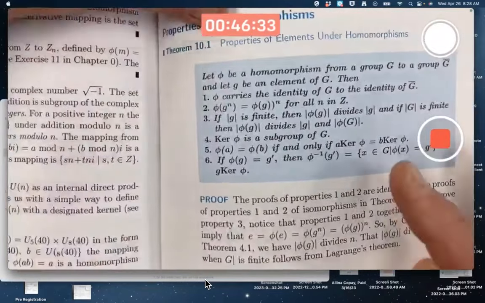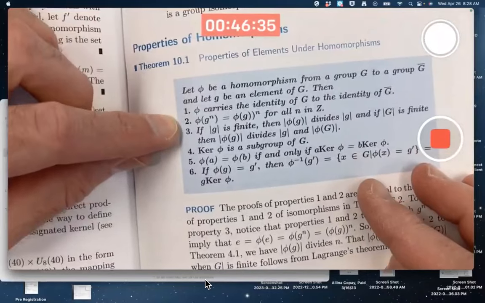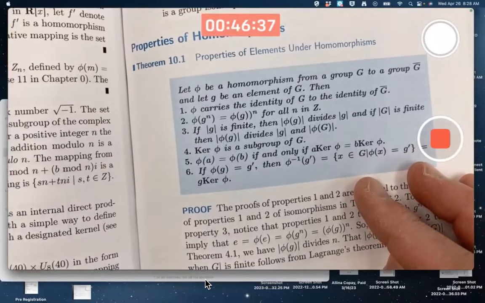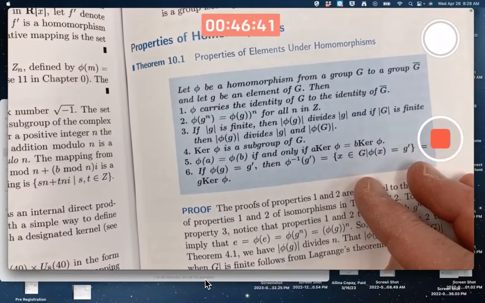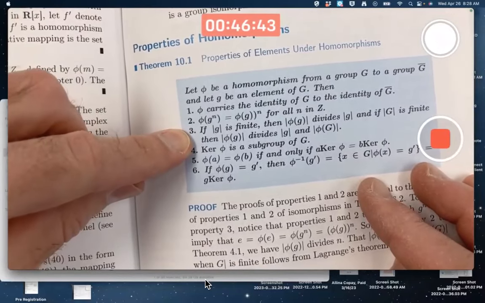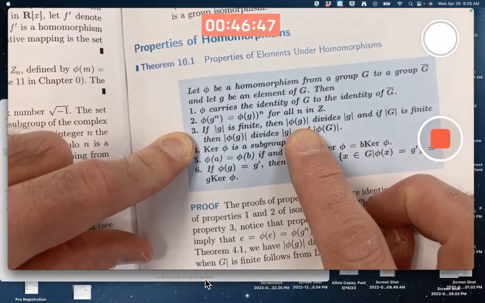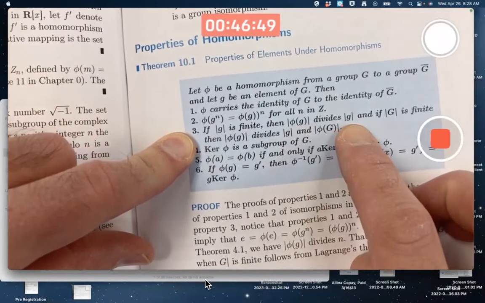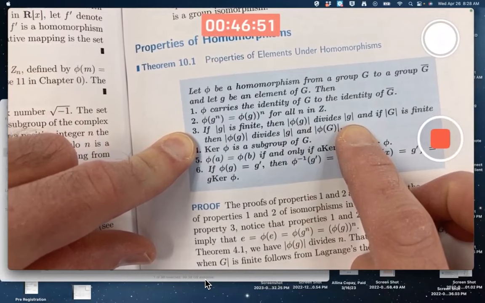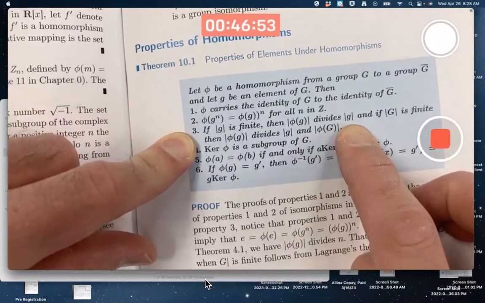Looks like number 3 is the key one here. So we are talking about a group homomorphism back here. Again, ring homomorphisms are group homomorphisms. If the order of G is finite, then the order of the image, phi of G, divides the order of G itself, which has got to divide the order of capital G by Lagrange's theorem.